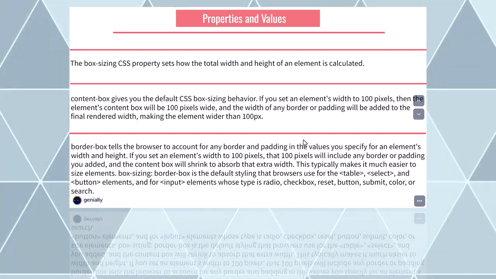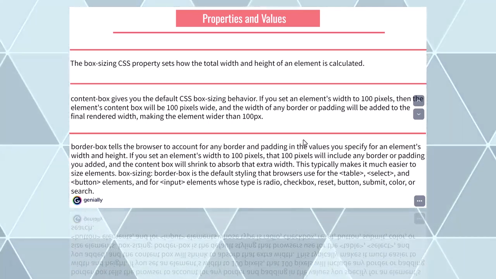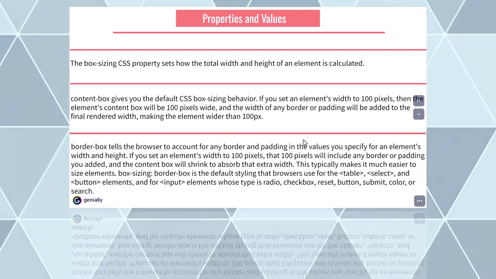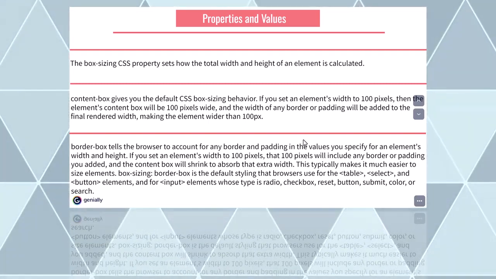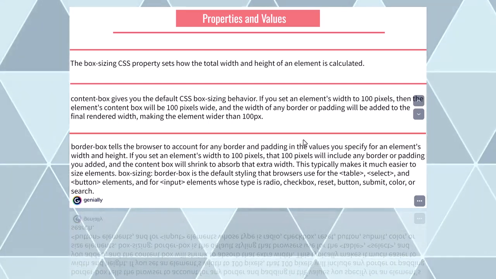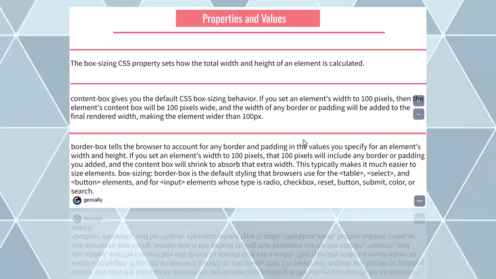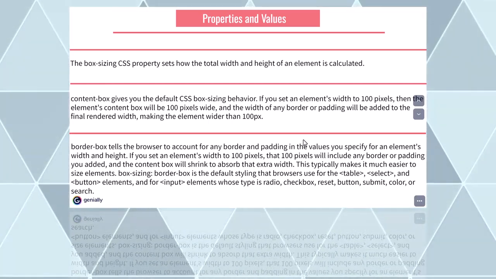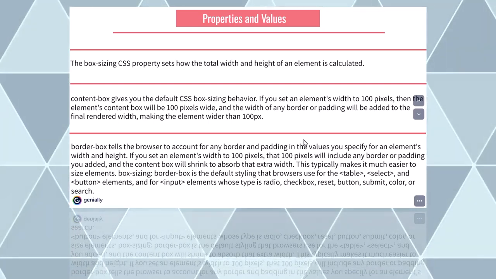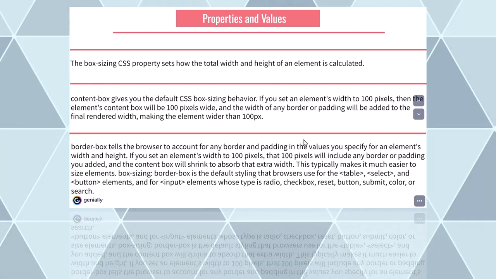This typically makes it much easier to size elements. In content-box, it is hard to size elements because you have to account for the border and also the padding. In border-box you can specify your own pixels, but in content-box it's different.